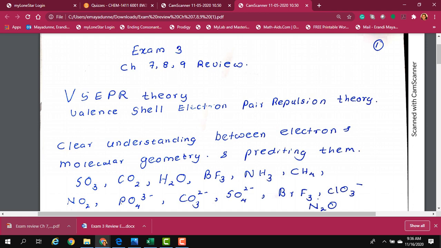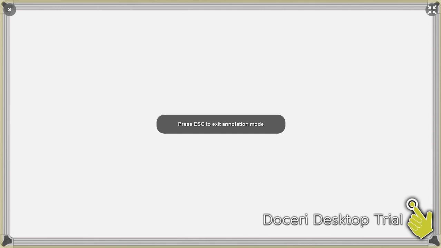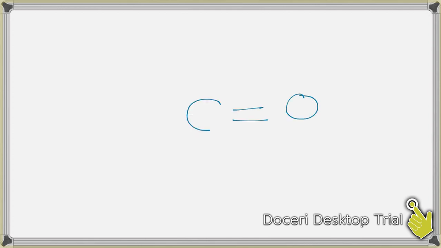Like that, you need to know how to draw the Lewis structure of other compounds such as carbon dioxide. All of this is given in your notes. And then you need to predict the shape. Let's say carbon dioxide. I'm going to draw it real fast, using the same principle.